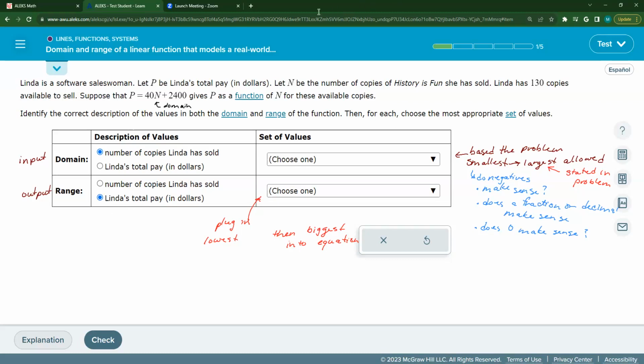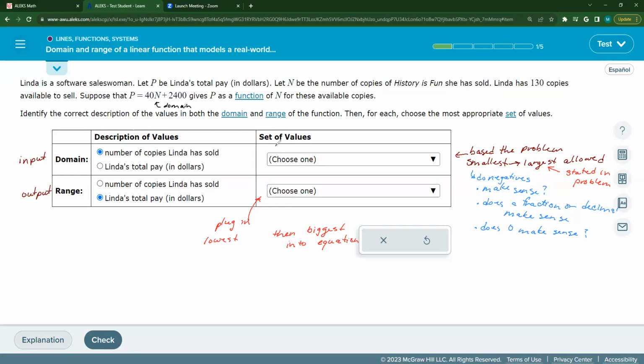So then I'm going to be thinking, does it make sense to do a negative? Can she sell -5 copies of this? No. Can she sell half of a program? It's an actual program. Who would buy half of a program? So this tells me that no, fractions don't make sense. And then 0, that does make sense.